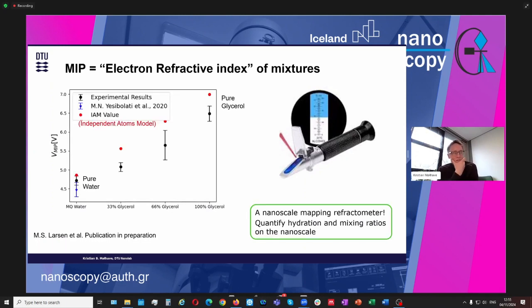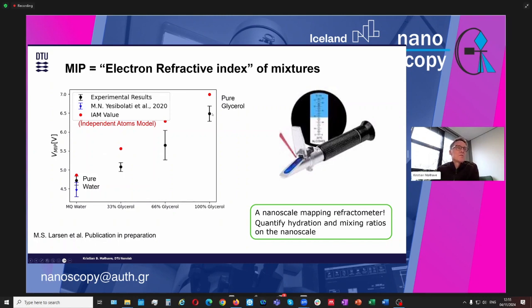And what we've done here is to try to see if we could make a TEM-based holographic electron refractometer. So we took different mixtures of water and glycerol, which has a very high mean inner potential. Here we can see the red dots are our theoretical upper limit for such mixtures, and the black ones are our measurements of the mean inner potential.